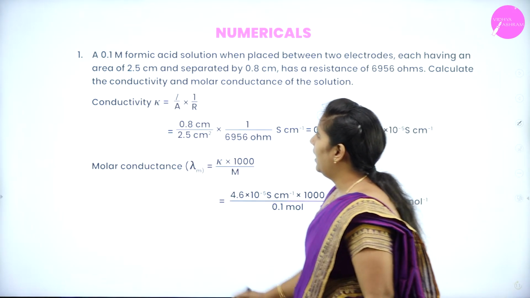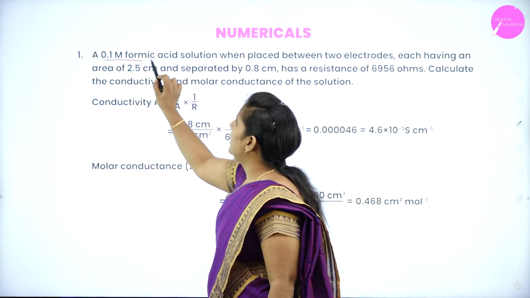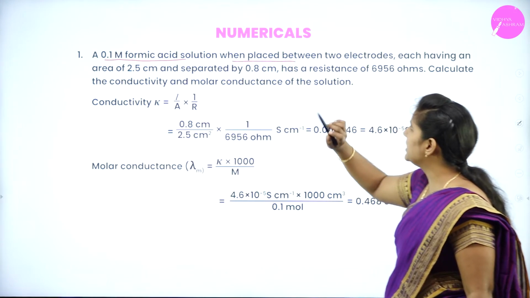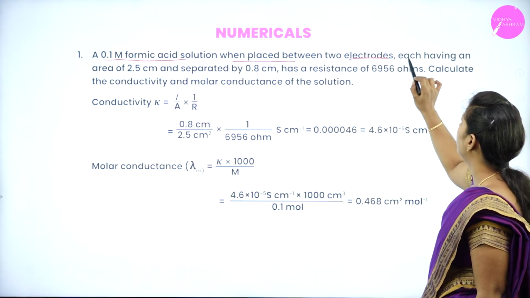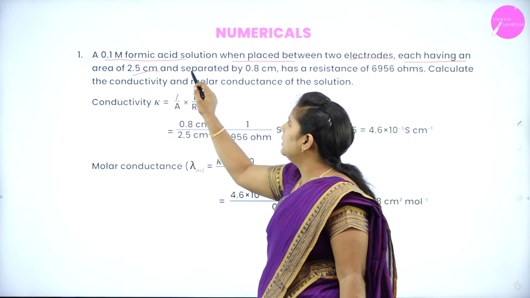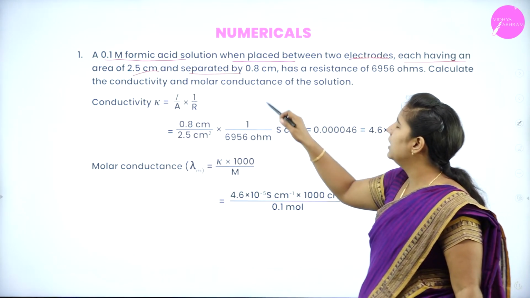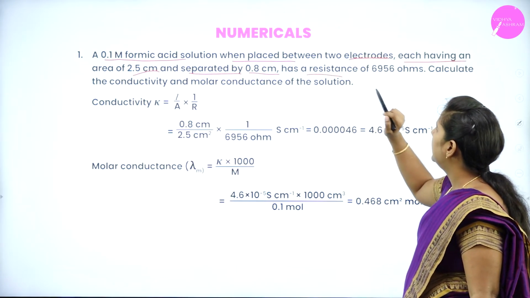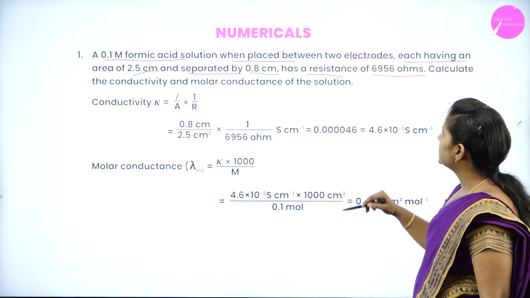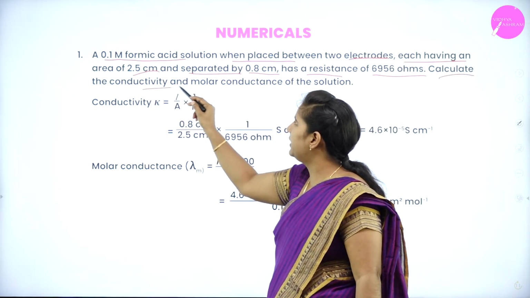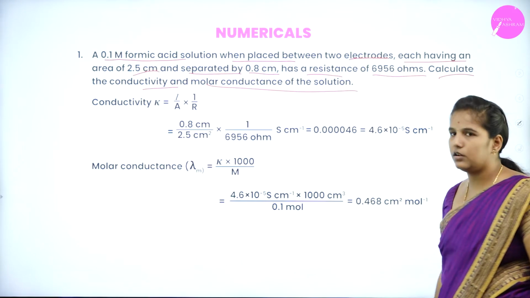A 0.1 molar formic acid solution, when placed between two electrodes, each having an area of 2.5 centimeter square and separated by 0.8 centimeter, has a resistance of 6956 ohm. Calculate the conductivity and the molar conductance of the solution.